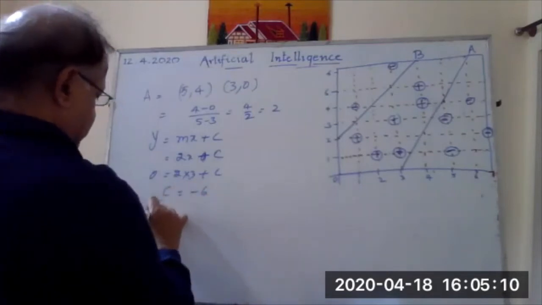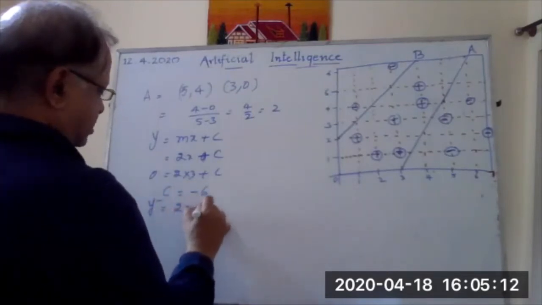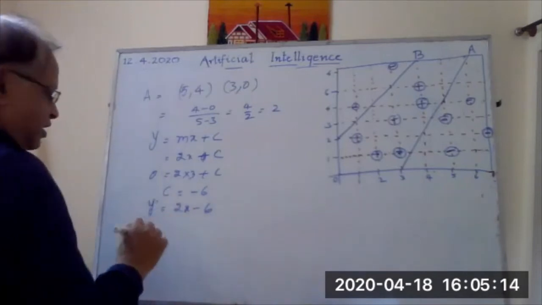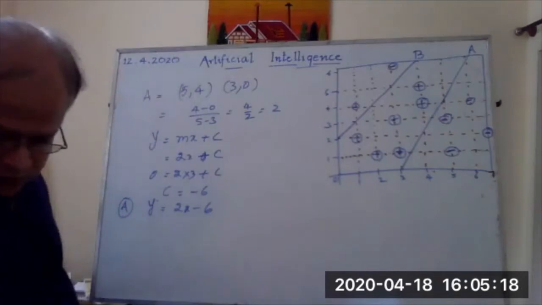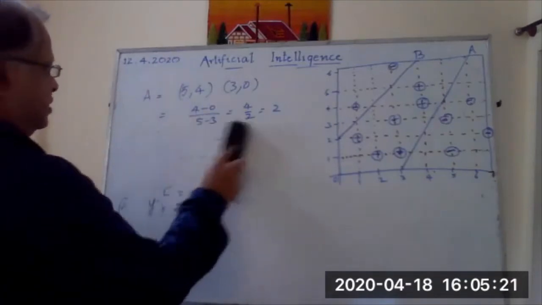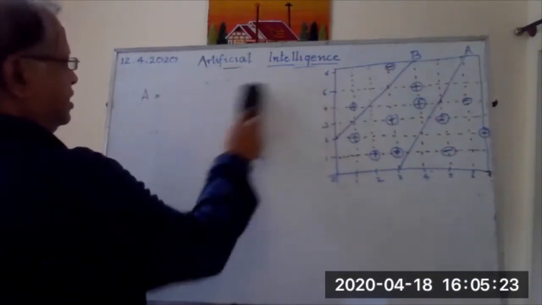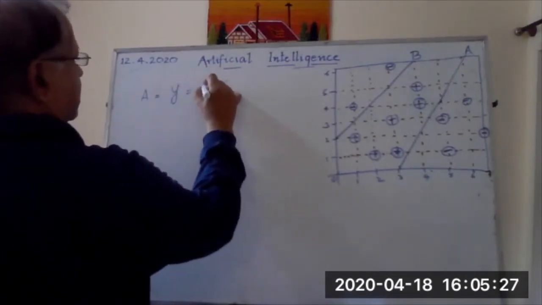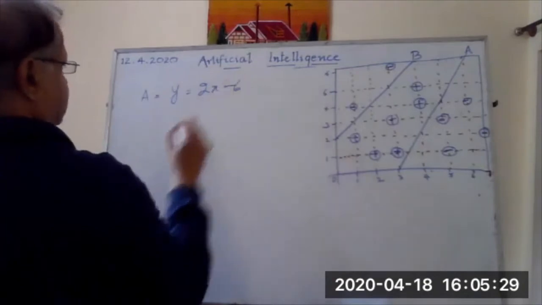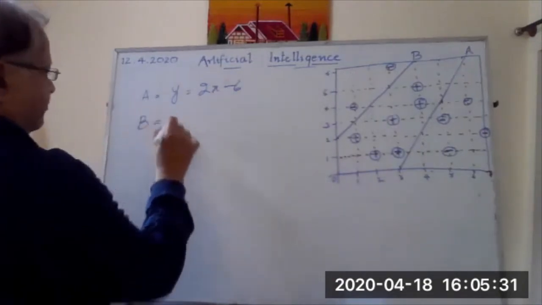So this equation is y is equal to 2x minus 6. So this is the first equation A. Now let's talk about B.